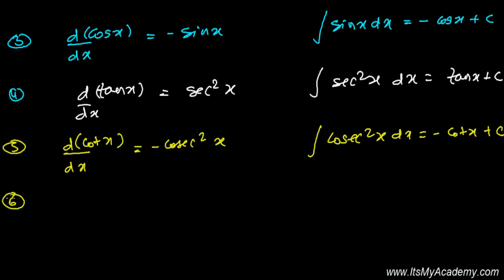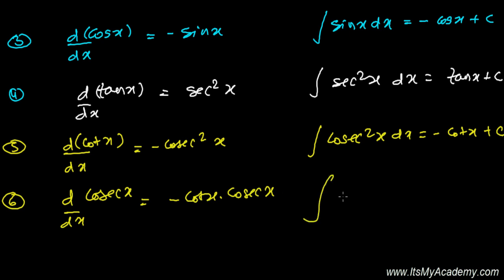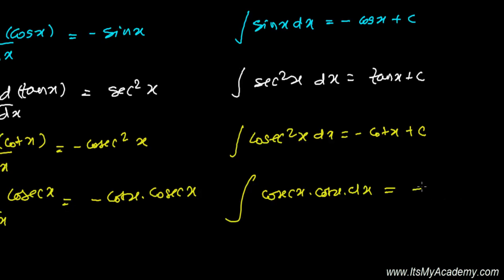Now the sixth one: the derivative of cosec x with respect to x is minus cot x cosec x. So the integration of cosec x cot x dx will be minus cosec x, plus some constant. I'm sorry, it's minus cosec x plus some constant.